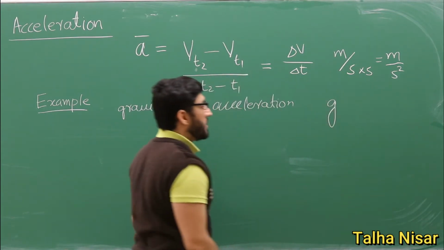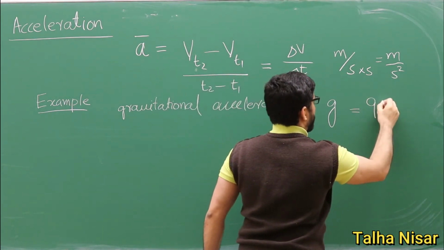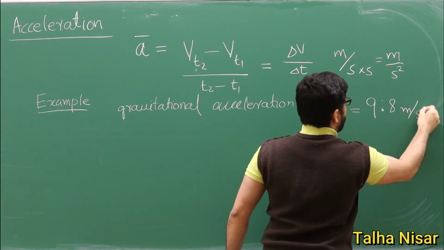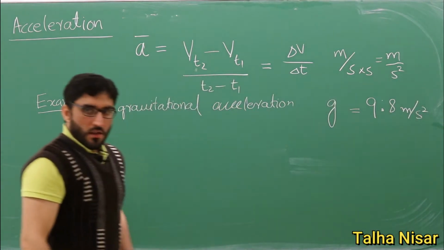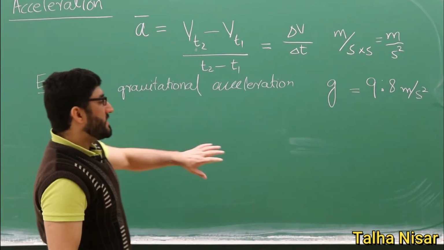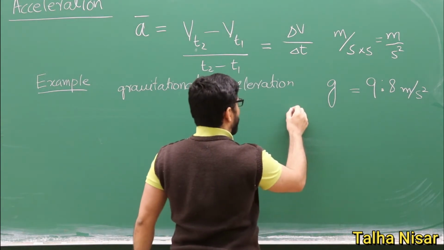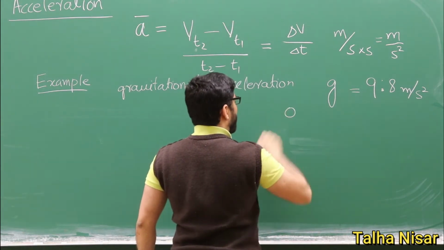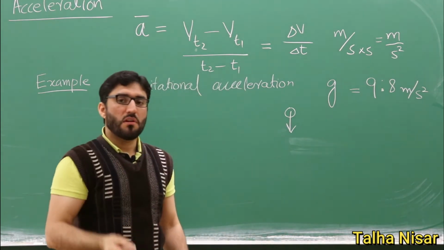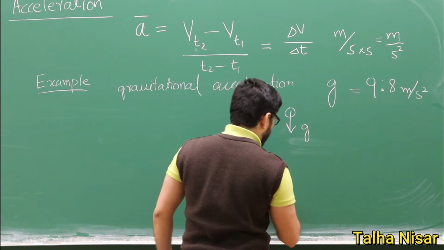It is equal to 9.8 meters per second squared. What it means is that if, for example, we have a ball, there is a gravitational force which will cause the gravitational acceleration. So this is the g, and this is, for example, the ground.